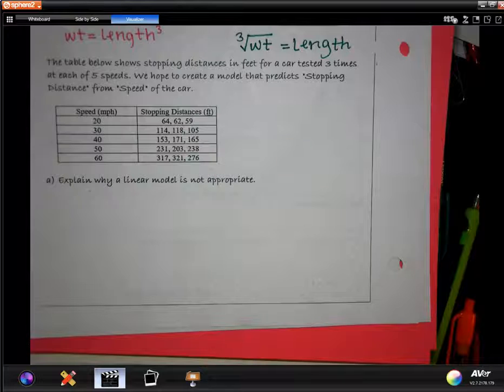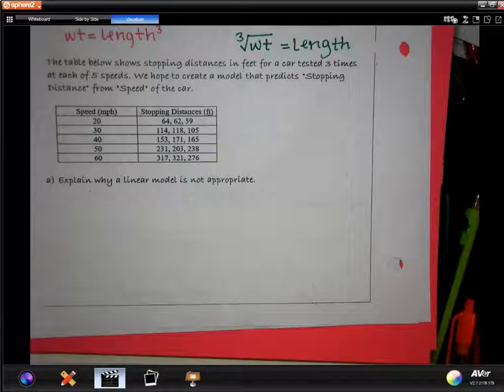Do we have to make a residual plot for this? The scatter plot. Yeah, you check the scatter chart first.